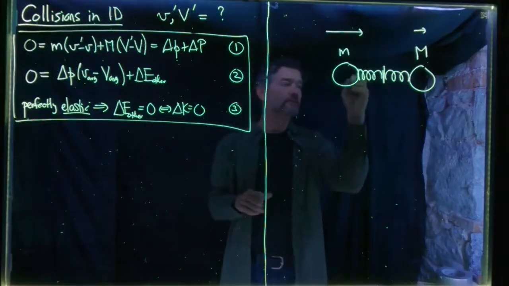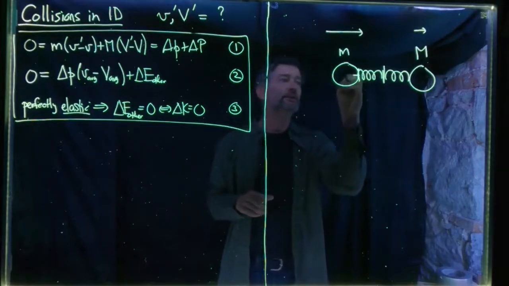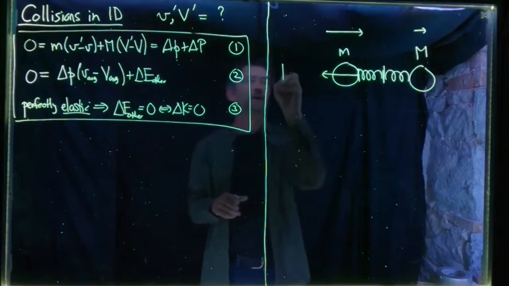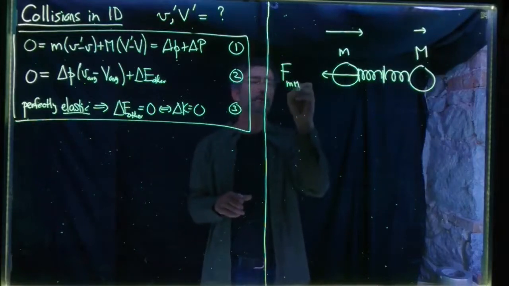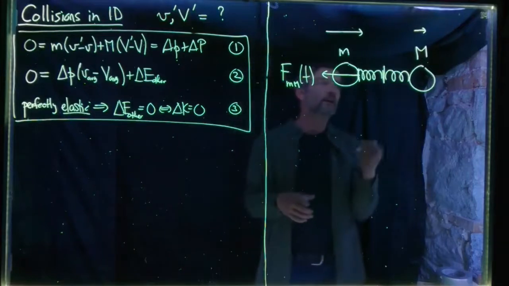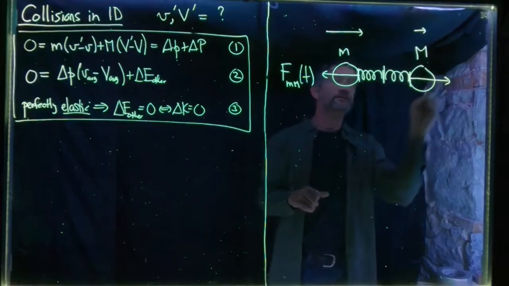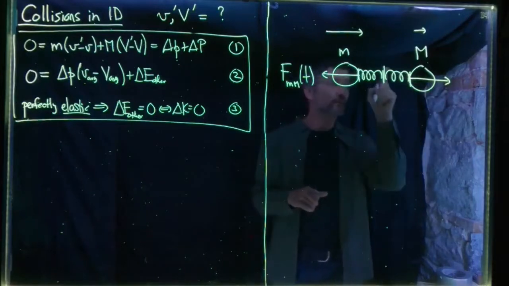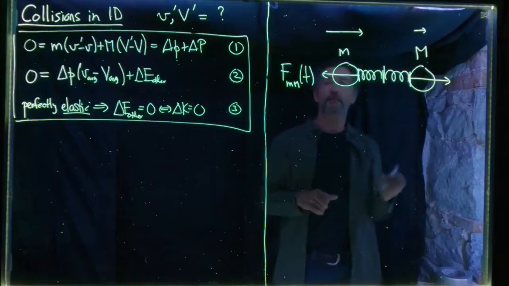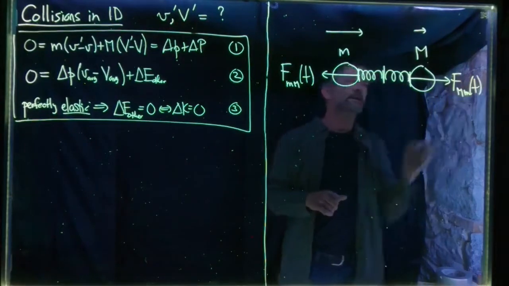The left end of this compressed spring is exerting a force on little m. So there's a force on little m due to big M at that instant of time, which is to the left. But whatever that force is, there's a force of exactly equal magnitude and opposite direction that the right end of the spring exerts on big M that way.